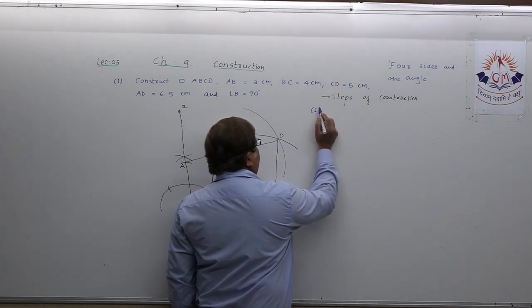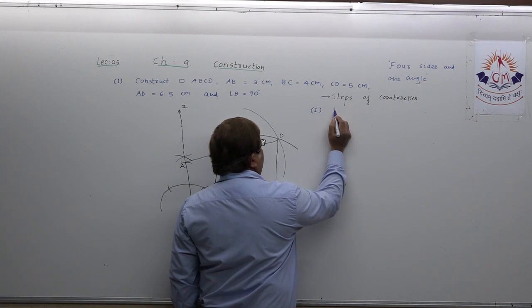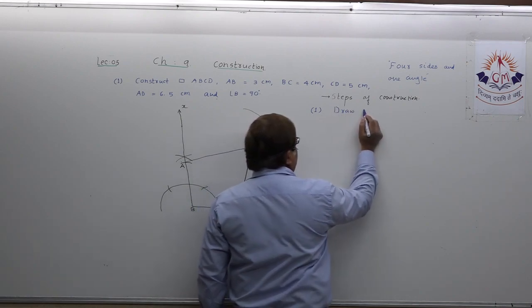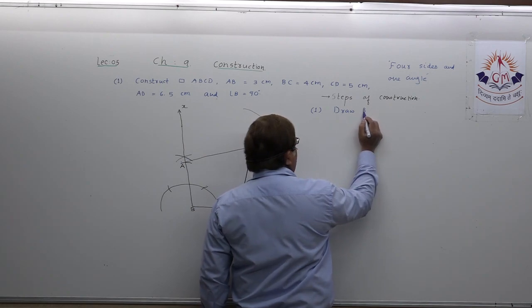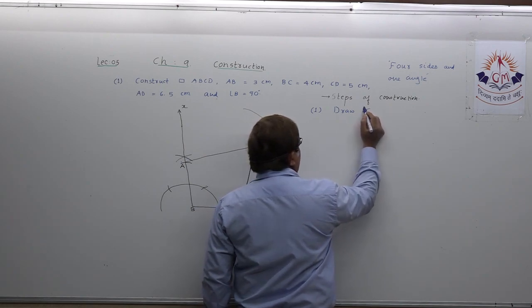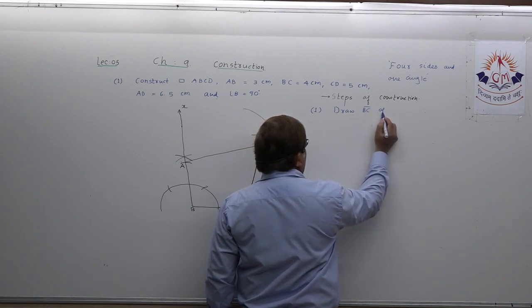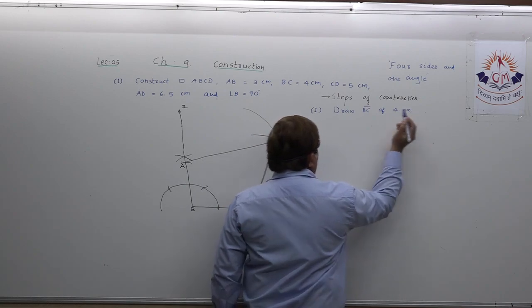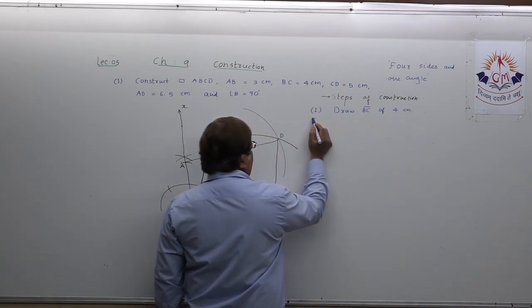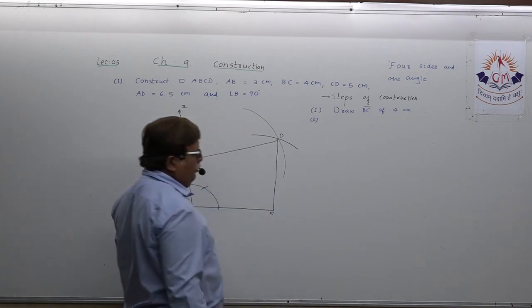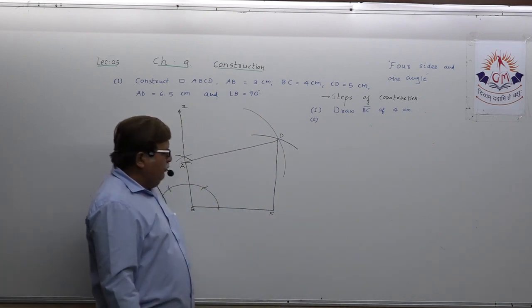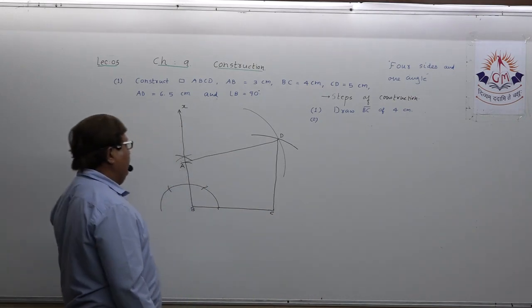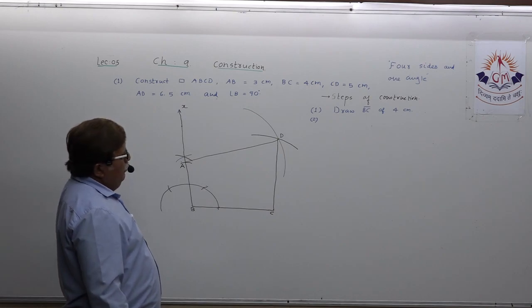What you will write: draw line segment BC of 4 centimeter. First step is written. Okay. Draw line segment BC of 4 centimeter. Write down this particular step.